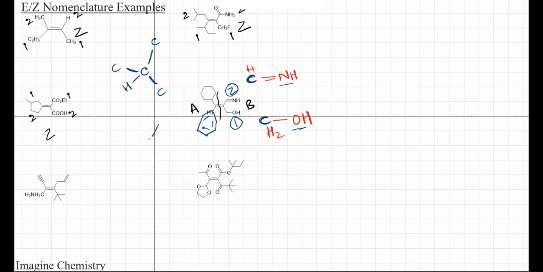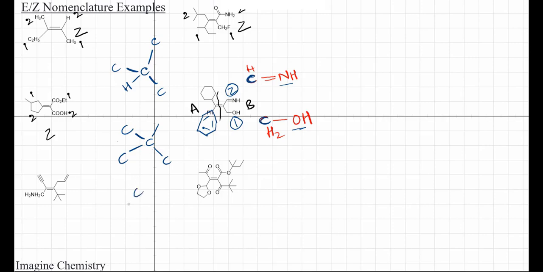For the lower phenyl group, it is attached to a carbon, another carbon. But here, as I told you, there is a double bond. But for the case of this nomenclature, you don't consider it as a double bond. Rather, you consider that this carbon is attached to two carbons. Right? Try to understand this. Pause and try to understand that for the cases of double bonds, you consider that substituent or that atom is attached two times.